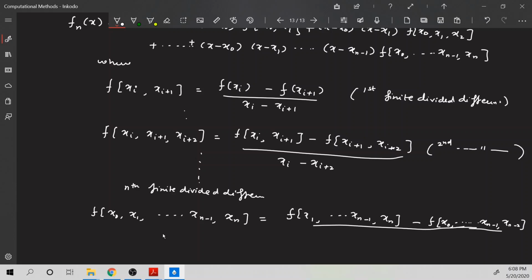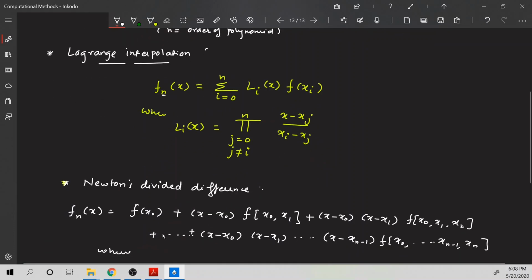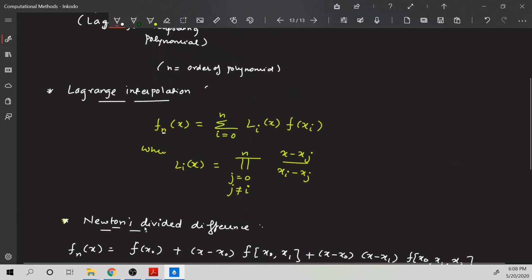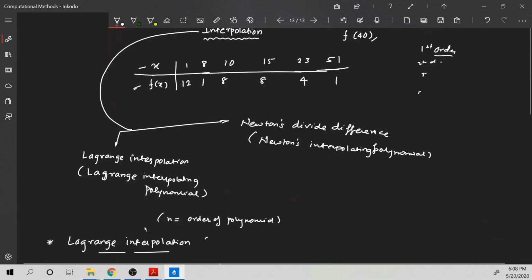It's just a tradition that I have to talk about this formula. If I wanted, I could have directly started with the problem, but I just wanted to show you how this formula is. So, Lagrange interpolation and Newton's divided difference method. In the next segment we are going to see a problem and see how we can apply this to solve it.